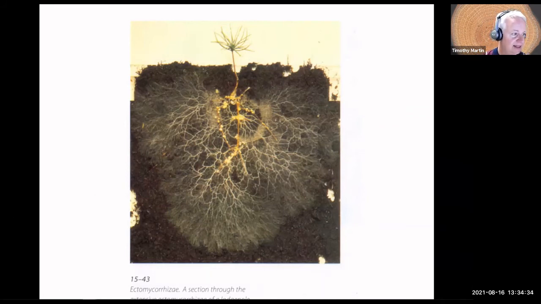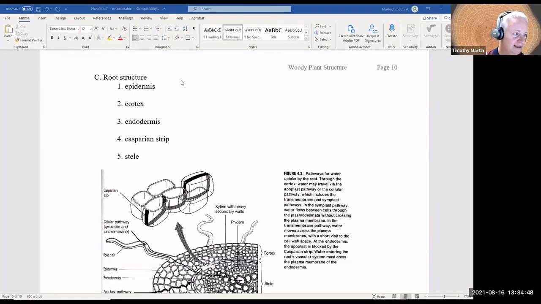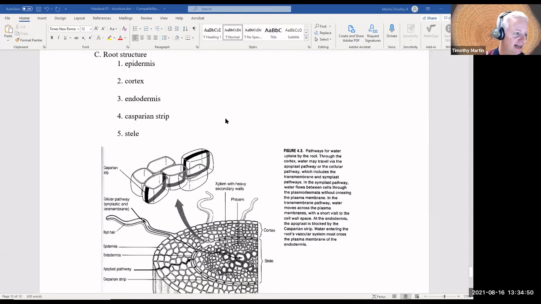I want to talk now, at last very briefly, about fine root structure, and I'll share the notes again so we can look at that image. So, root structure: again, this is a cross section of a fine root.